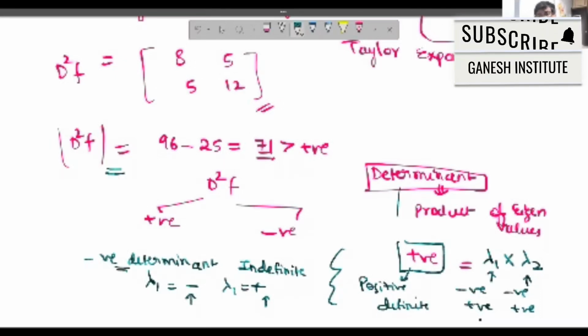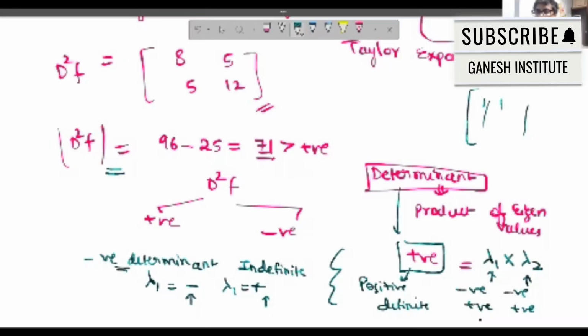Yeah, because of the determinant. You remember when we used to find out principal minors? So in principal minors, we are talking about the determinant only. Determinant of a symmetric matrix: first order, second order, and third order determinant.